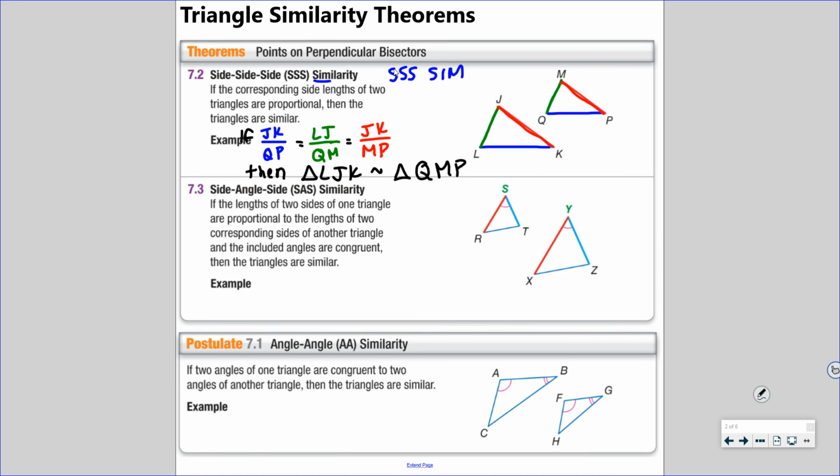Okay, here's a fun one. SAS is back. Side angle side. Side angle side sim. If you can show that two corresponding sides are proportional and the included angle, just like in the statement, the included angle of the two proportional sides is congruent, you can say both triangles are similar.